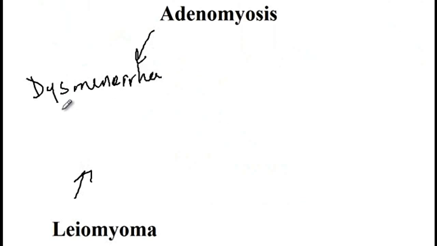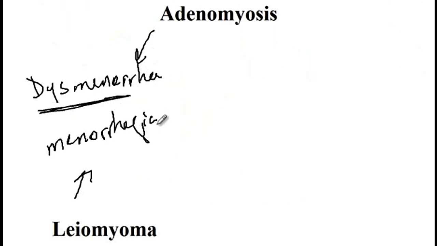The next two conditions are adenomyosis and leiomyoma, and both of these conditions are presenting with dysmenorrhea, which means that there are painful periods, as well as menorrhagia, which means that there is prolonged bleeding. And then with adenomyosis, it's from the presence of the endometrial glands within the uterine musculature.